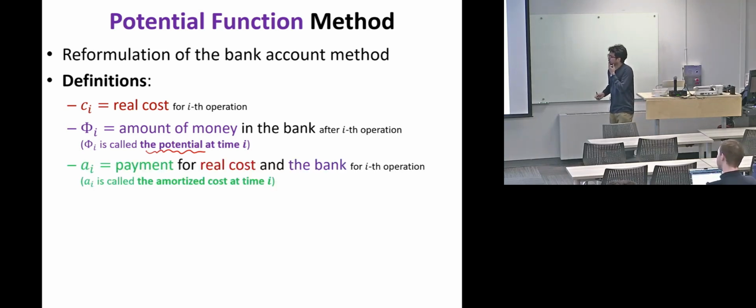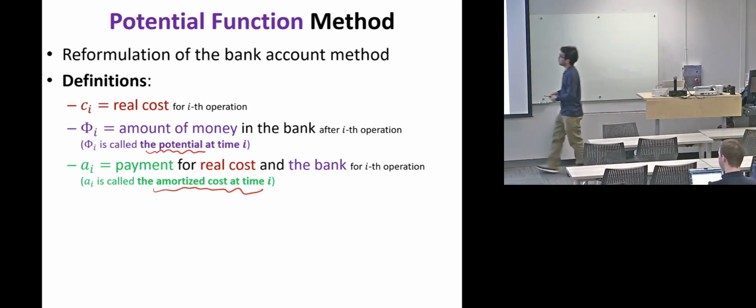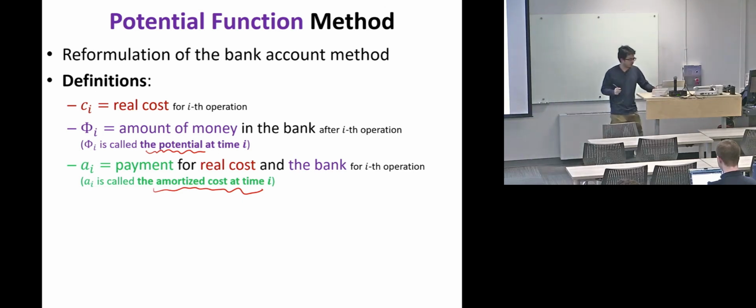And then a_i, which I call the amortized cost at time i or for operation i, is simply how much you pay per operation. What do you need to pay? You need to pay for the real cost and the payment that you need to put into the bank account, the advance payment. The same thing as before.